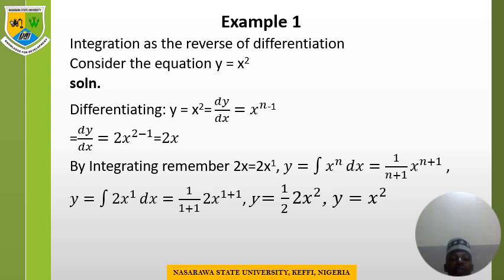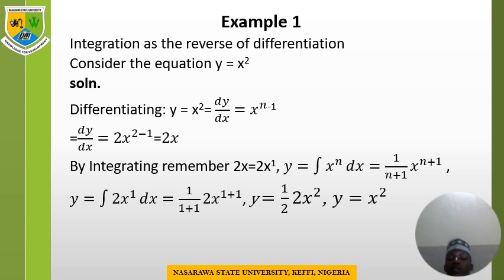Differentiating y equals x raised to power 2 gives dy over dx equal to n x raised to power n minus 1, which is equal to 2x raised to power 2 minus 1, which is equal to 2x.